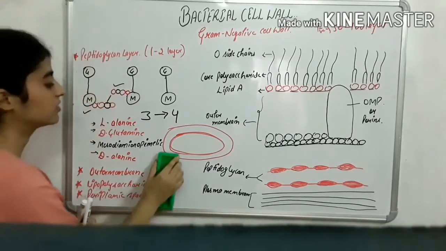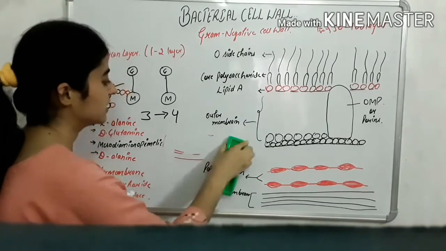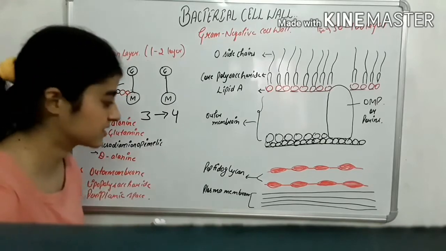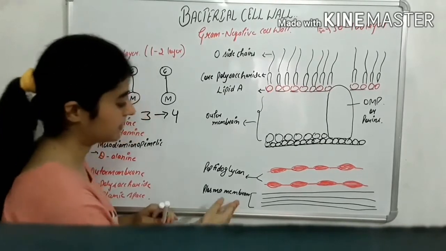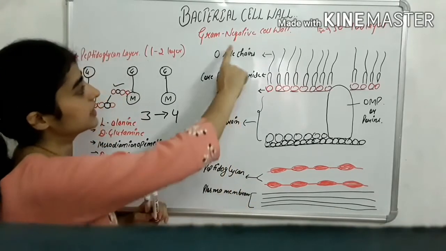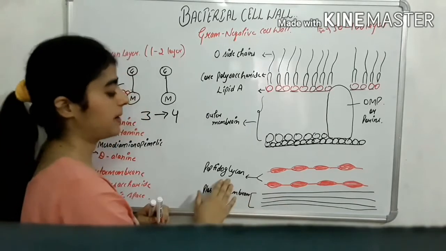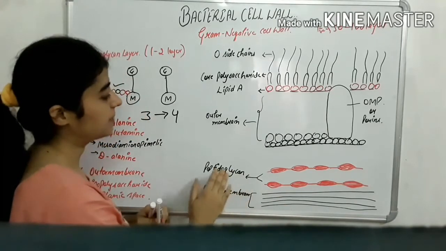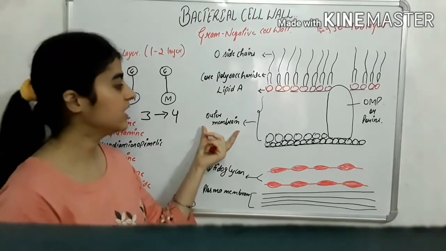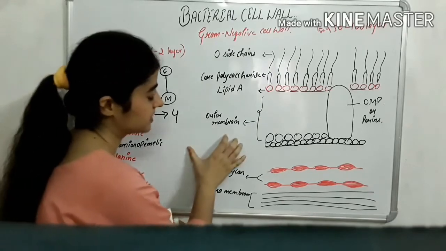Now we will talk about the structure of the gram-negative cell wall. The first thing above the plasma membrane is the peptidoglycan that we have already discussed. The gram-negative cell wall has 1 or 2 peptidoglycan layers. Above the peptidoglycan layer, the outer membrane is present.